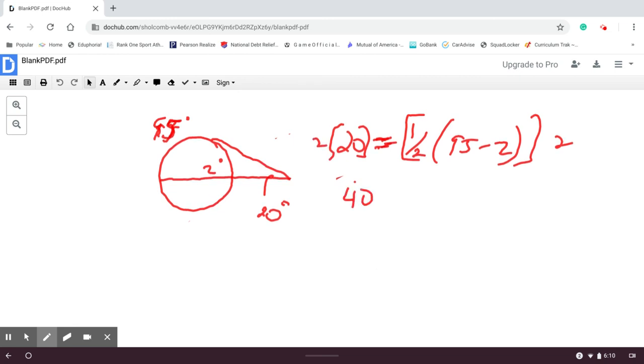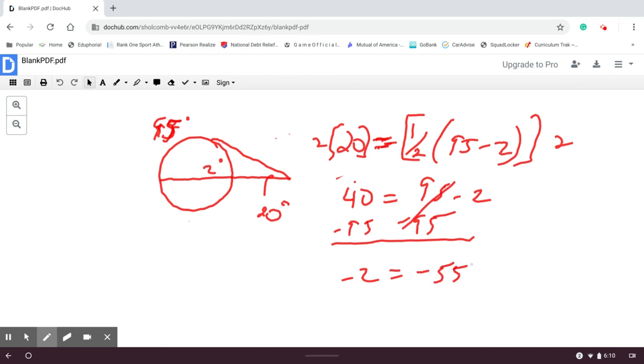And you've got 40 is equal to 95 minus z. Subtract 95, and you've got negative z is equal to negative 55. So z is equal to 55 degrees on that smaller arc.